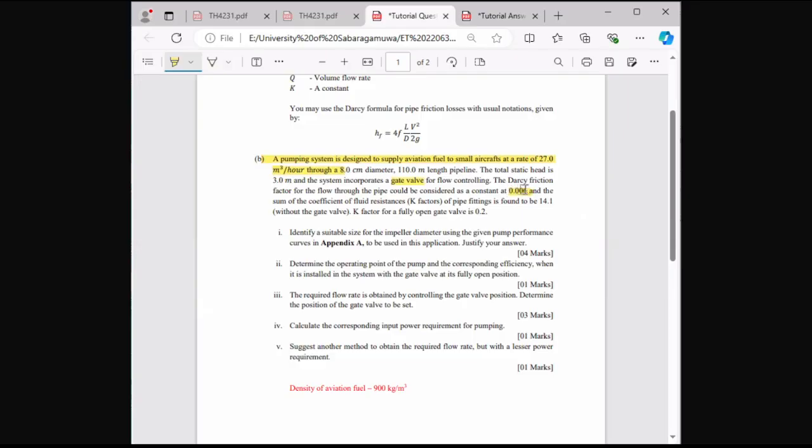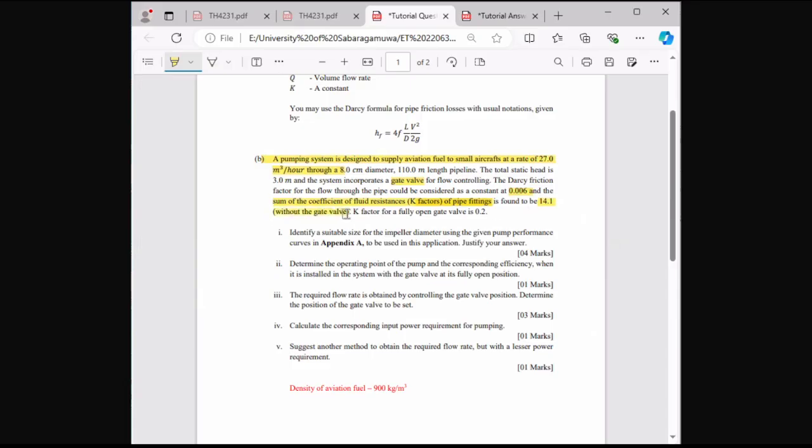F becomes 0.006, and the sum of the coefficients of fluid resistance, the K factors of pipe fittings, meaning K factors of components in this system, has a total value of 14.1.